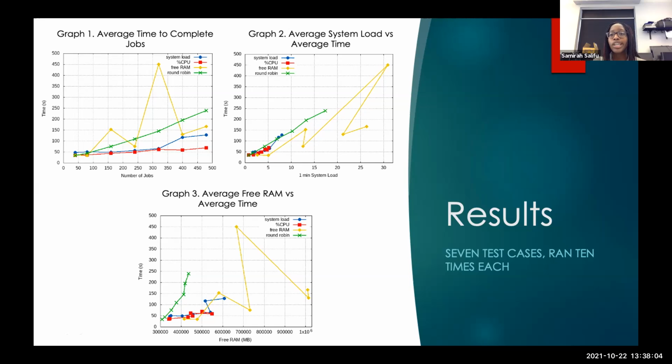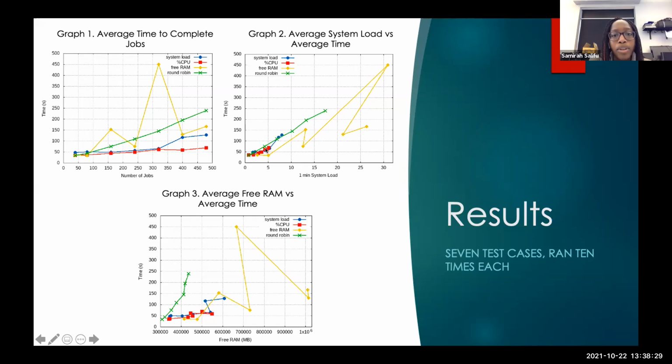Percent CPU changes almost every second, while system load is a 1 minute system load average. It doesn't actually change every 1 minute, it's actually about every 10 to 15 seconds. But even then, the percent CPU is changing every second. That means it's much faster, and it's able to take a look at how well each server is handling its jobs much better than the system load.